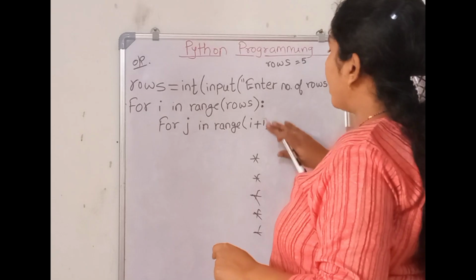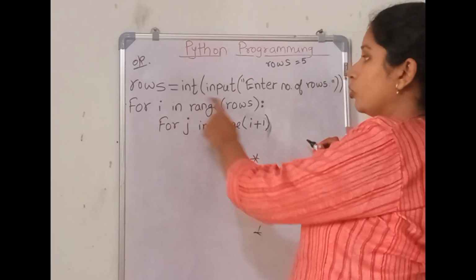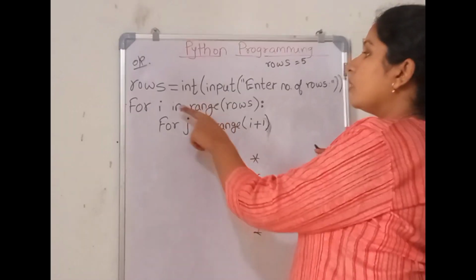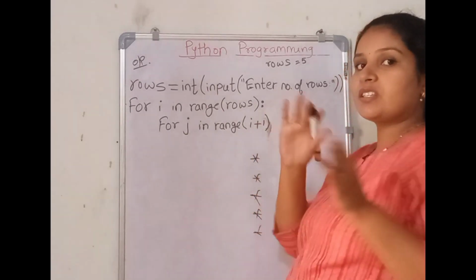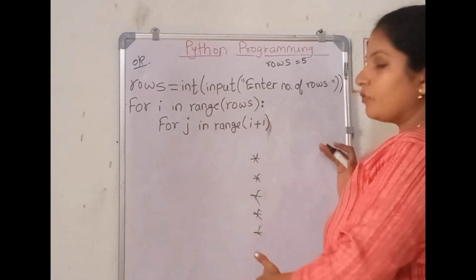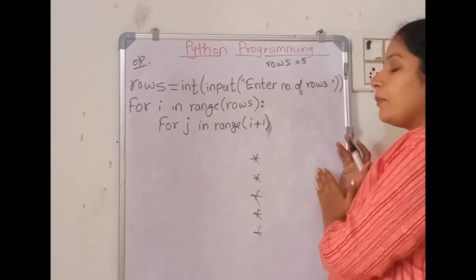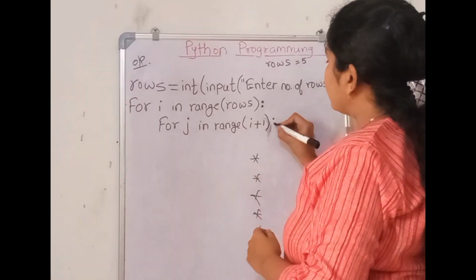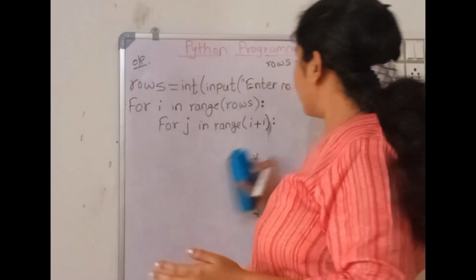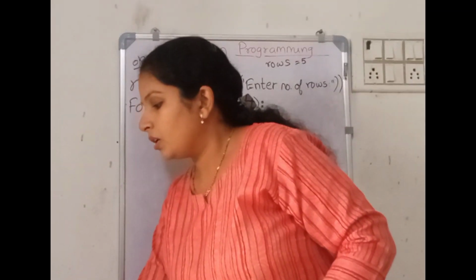You cannot take i only. Why? Because initially your i value is 0, so nothing will be printed, right? That's why i plus 1, 0 plus 1, 1. So you are printing 1 in the first column, and in every column you are repeating that and you keep incrementing the value. So this is your inner for loop. You will better understand this once you finish with your program and understand the logic behind it.